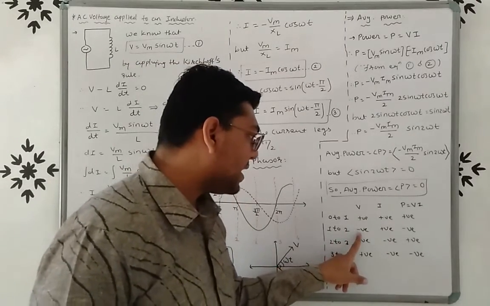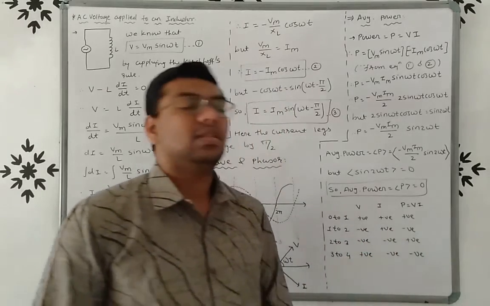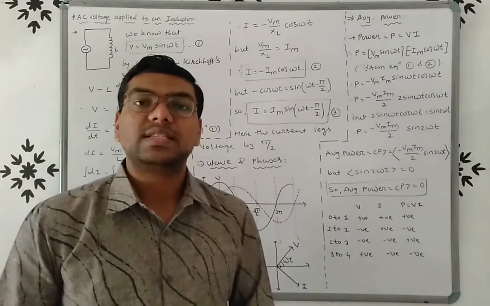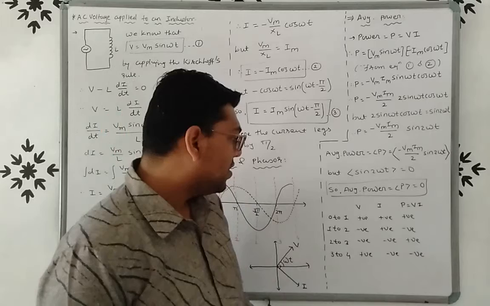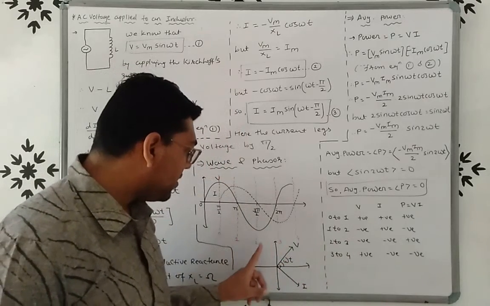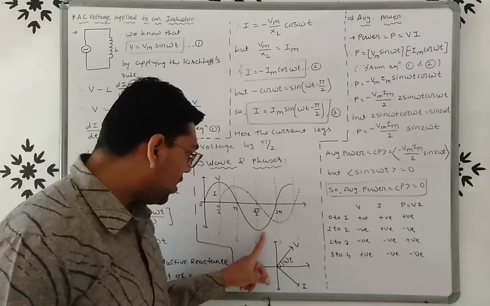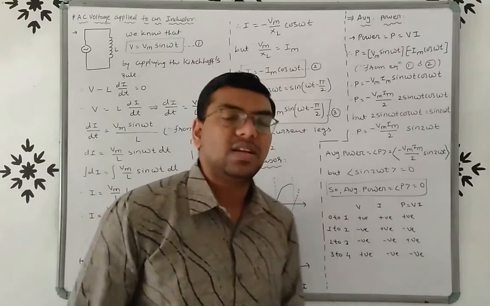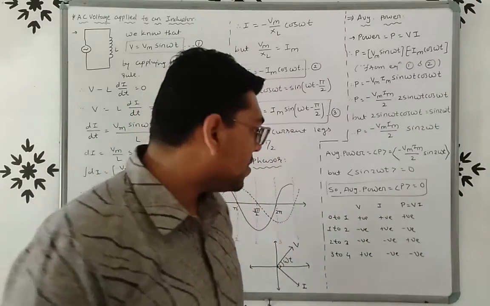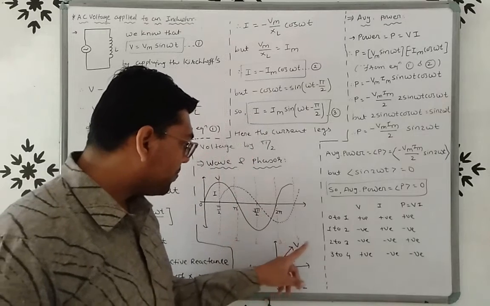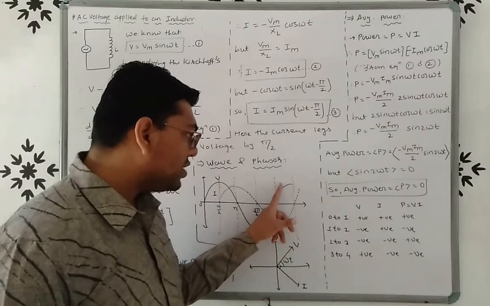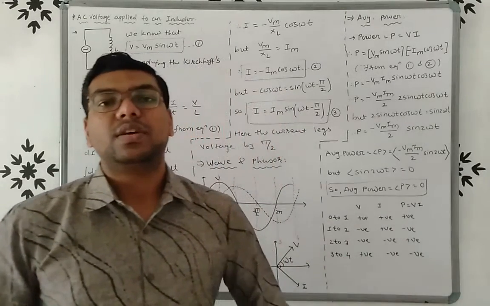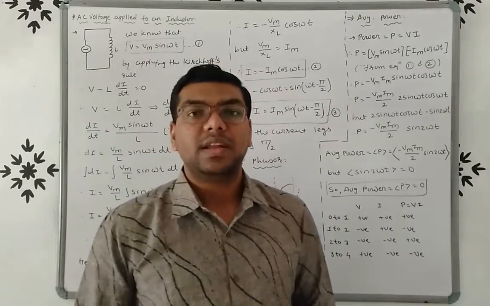So voltage negative, current positive, and the product of V and I is negative. So in this case, the energy is returned, right? Now 2 to 3, the voltage is below the x-axis, current below the x-axis. So the product is positive, and energy is absorbed. And from 3 to 4, current negative, voltage positive. So once again, the product of V and I is negative. So in this case, the energy is returned, right?